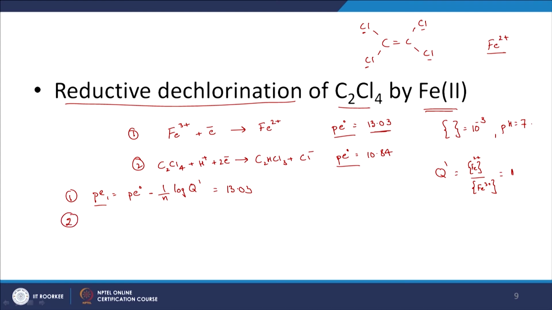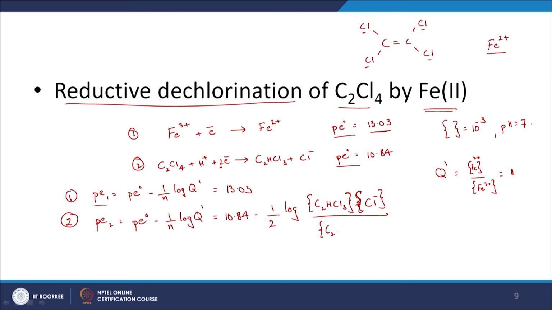For the second case, P2 is going to be equal to P naught minus 1 by n log Q dash for this particular half reaction. Let us write that down. P naught is 10.84 minus 1 by 2, and why is it 2? Because 2 electrons are being transferred here, or accepted here. log Q dash is the activity of C2HCl3, the reduced form, into Cl minus, by the activity of C2Cl4 into the activity of H plus.